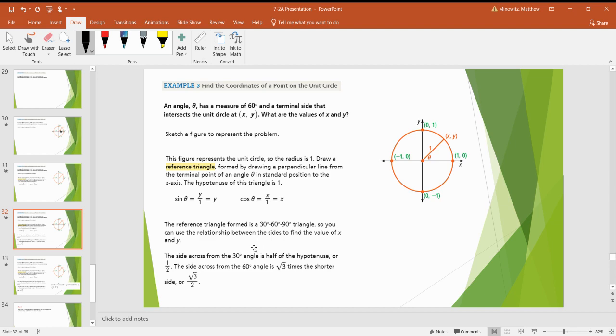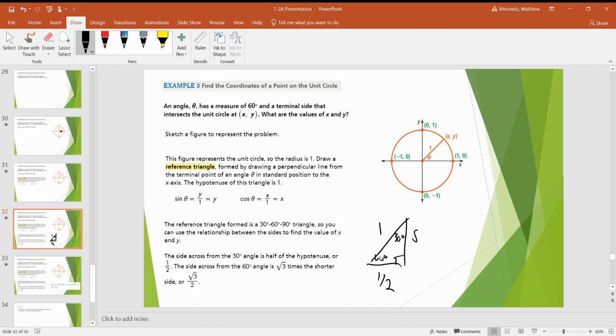So in a 30, 60, 90 triangle, okay, if we have the 60 here and the 30 here, there's a special relationship that we'll talk about. If the hypotenuse is 1, which we said it is because the radius is 1, then the base is going to be 1/2. The side opposite 30 is 1/2.